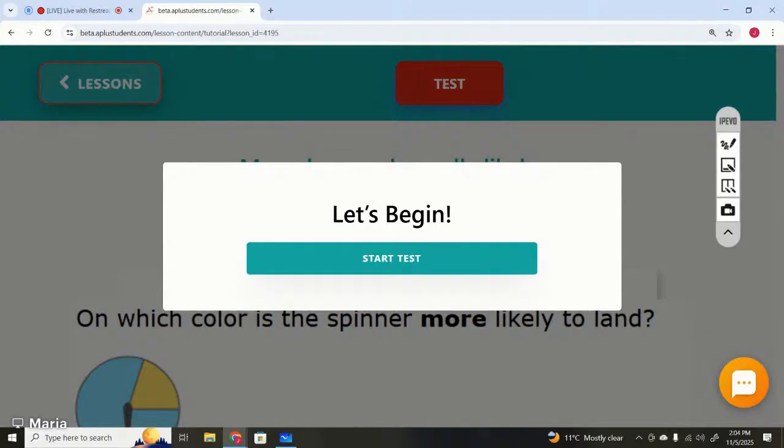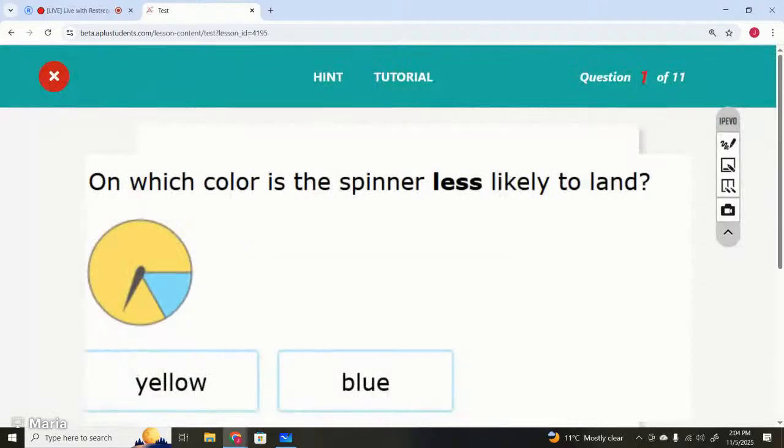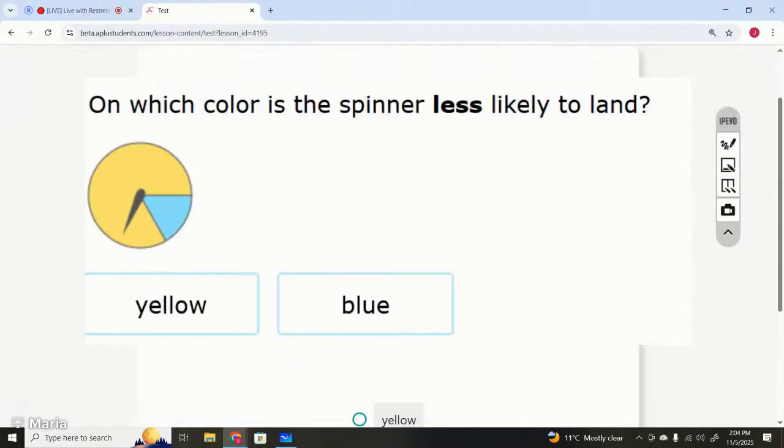Let's just start with the test questions. On which color is the spinner less likely to land? So we look at the spinner.